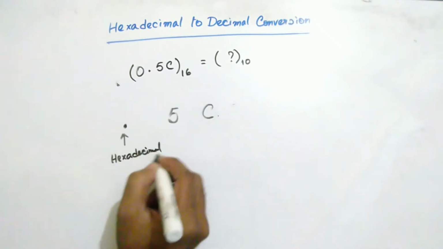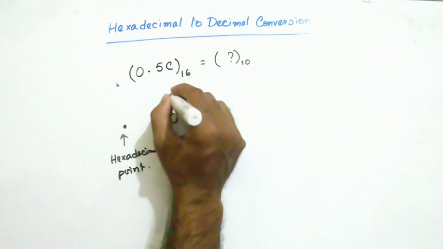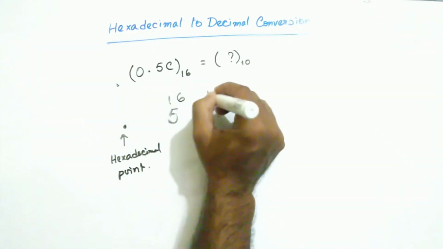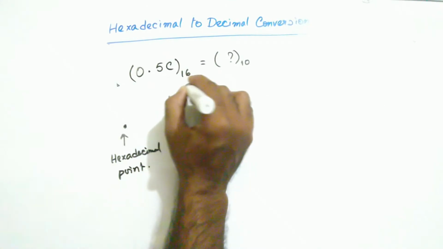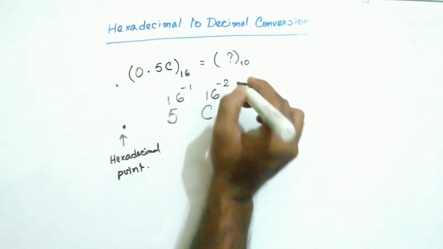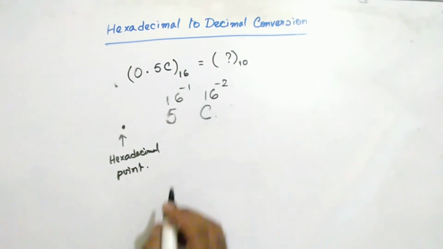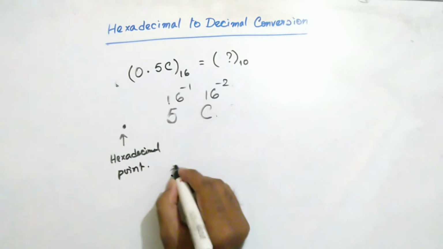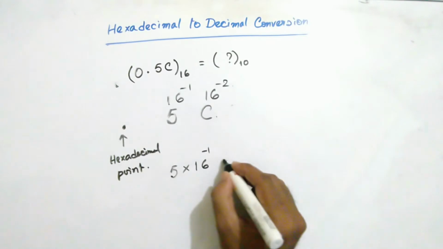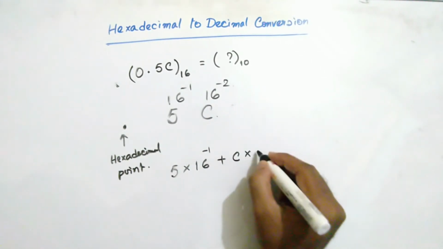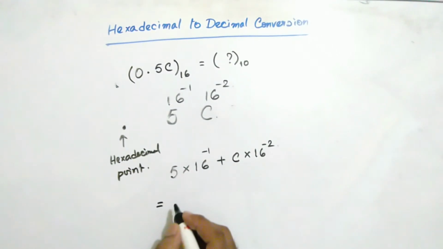After the point we have the digits 5 and C, and we are going to write the base, which is 16. To the right of the hexadecimal point the weightages will be 16 to the power minus 1 and 16 to the power minus 2. We are going to multiply every digit with its positional weightage, and after that we are going to add them to get the decimal equivalent of the given hexadecimal number.